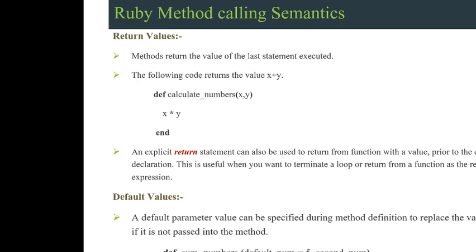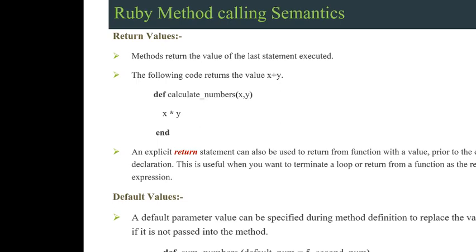In this example, it prints this one plus that, 2 plus 3 equals 5. Here you are supplying only one parameter to this method, so it will automatically take 5 plus 10 and print 15.